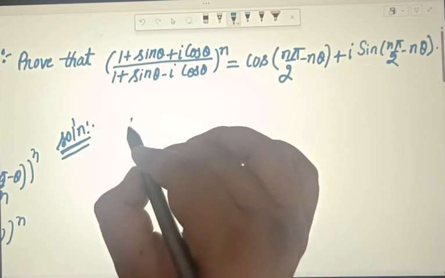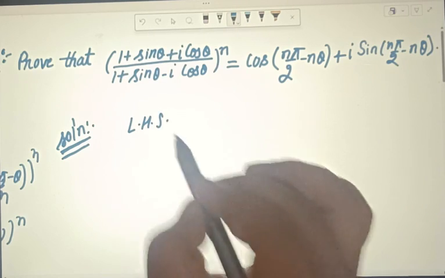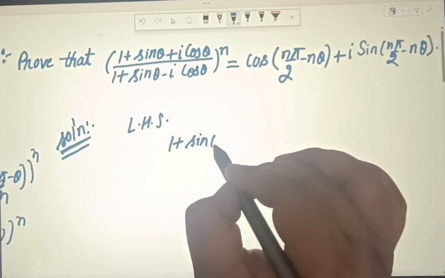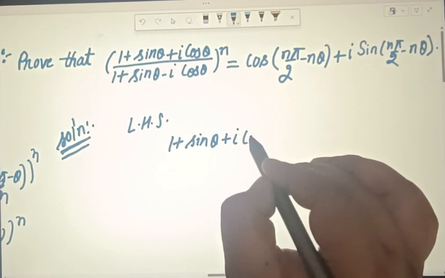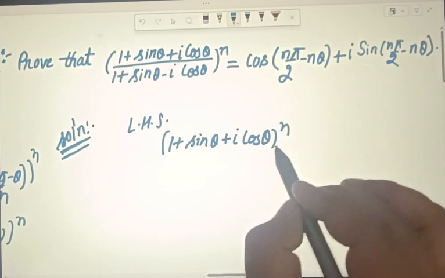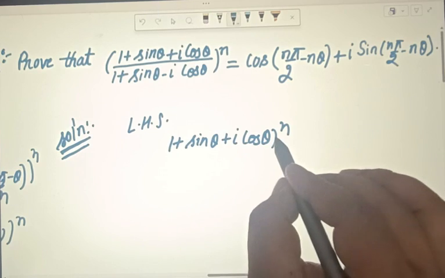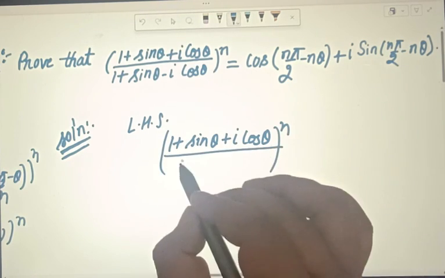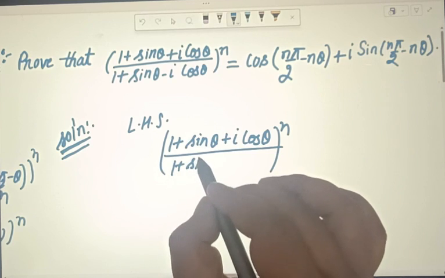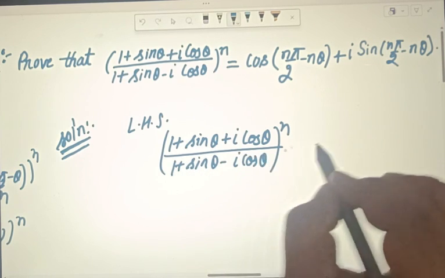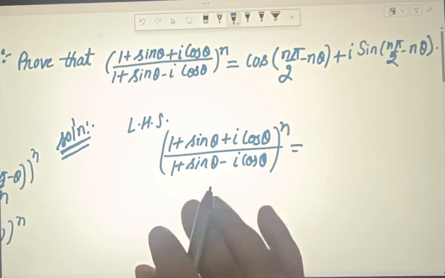I will take the left hand side first: (1 plus sine theta plus iota cos theta) to the whole power n, and in the denominator, 1 plus sine theta minus iota cos theta.